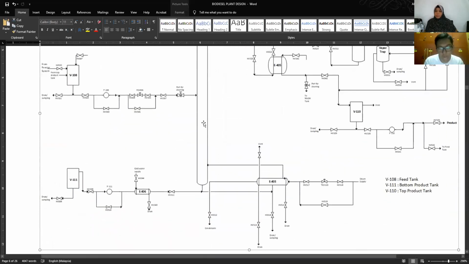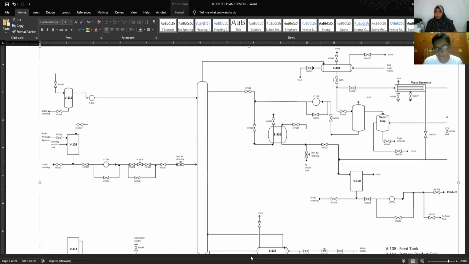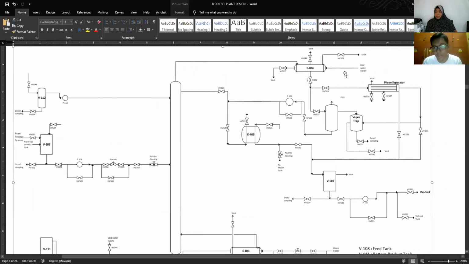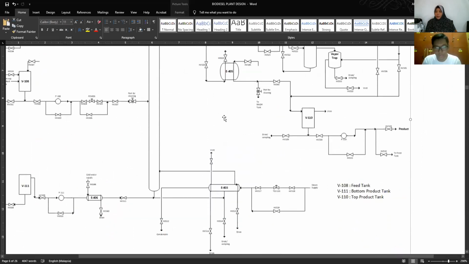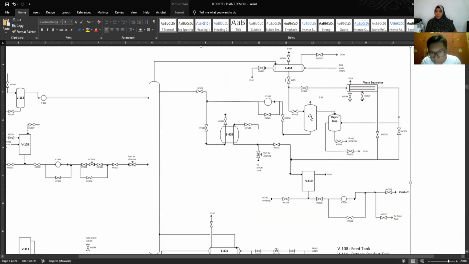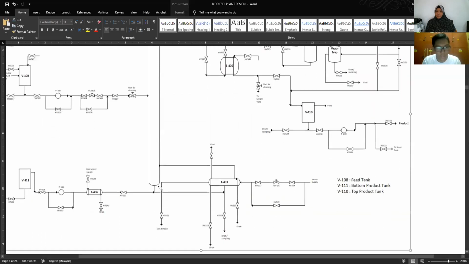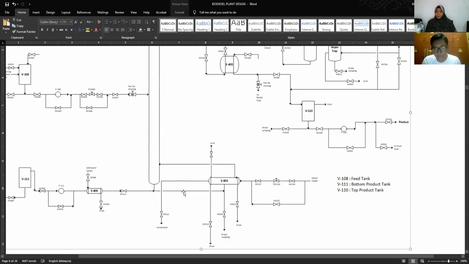Here in the column they will be separated. The top product will go to the cold water supply, to the E404 heat exchanger, and the final place is the phase separator, and we end here.